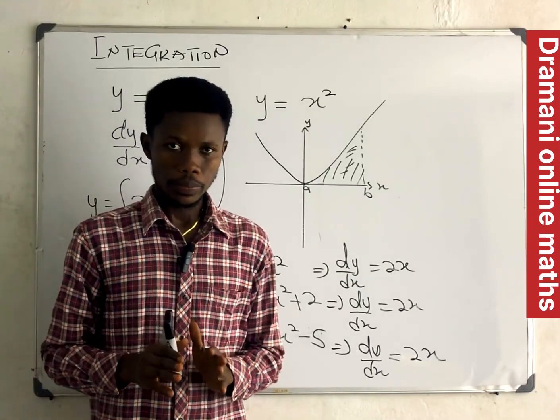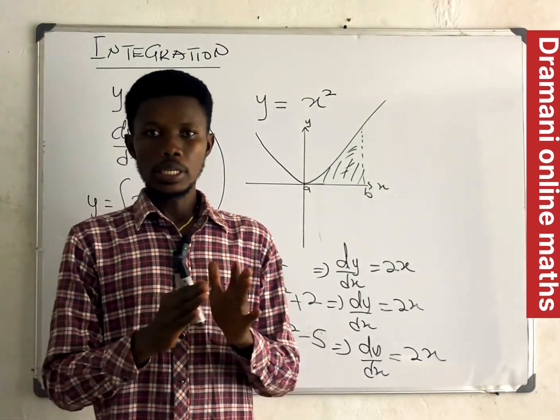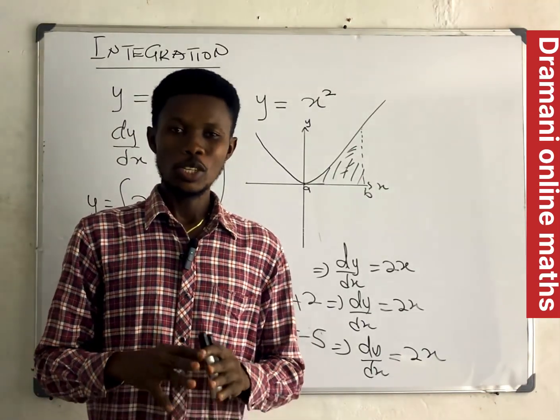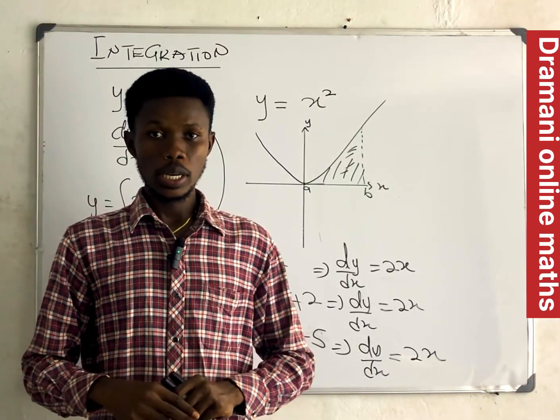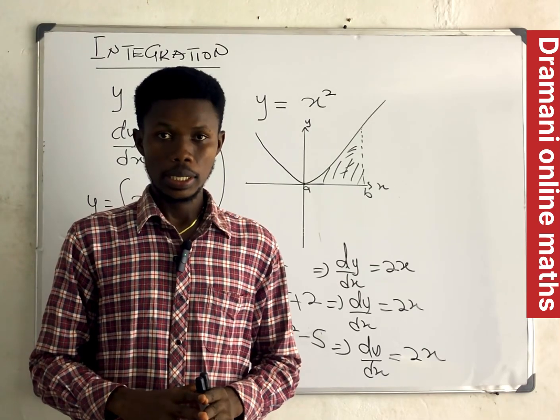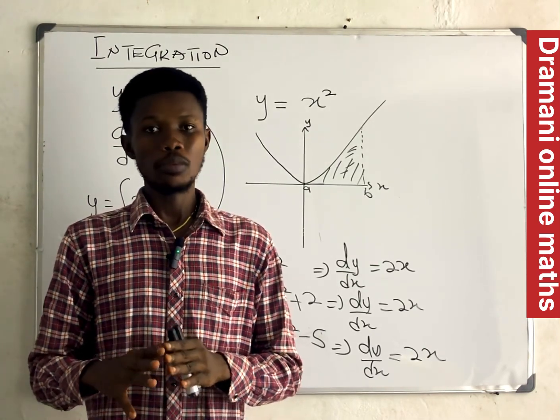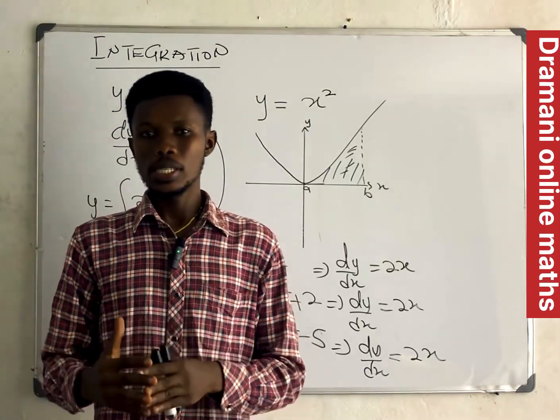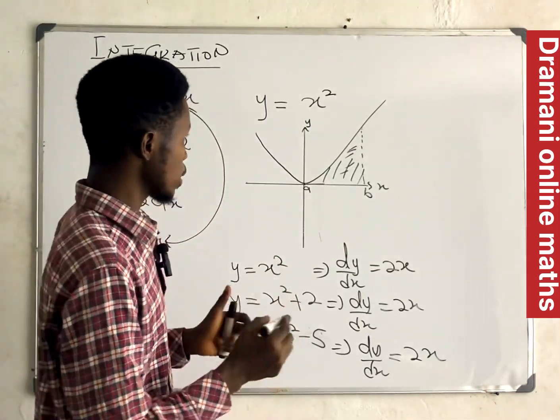For that matter, the mathematicians decide to introduce a constant called the arbitrary constant, to cater for those constants that we don't know. So we will introduce C to replace that. Let's see something here.